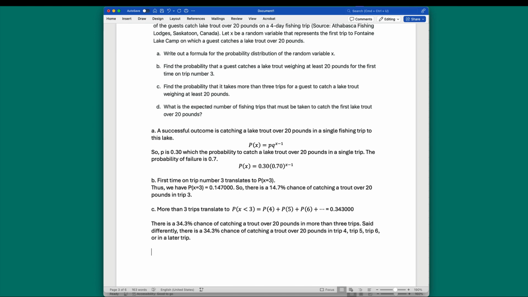D asks us to find the expected number of fishing trips that must be taken to catch the first lake trout over 20 pounds.